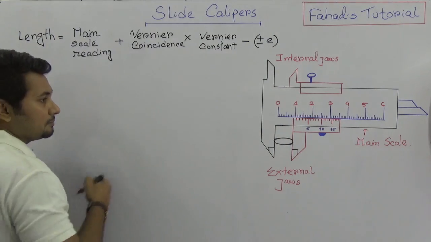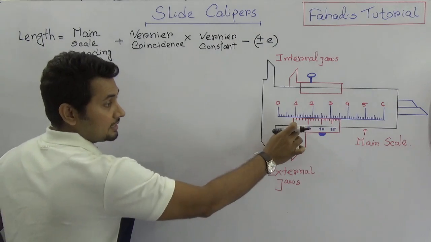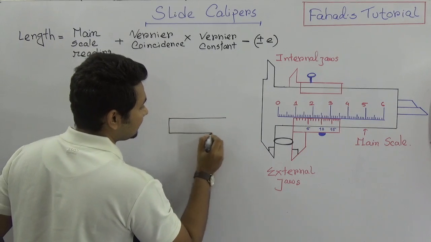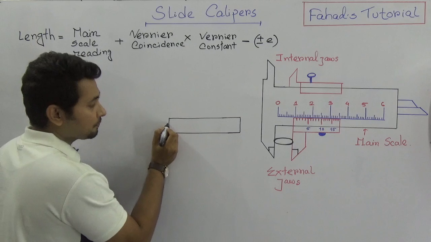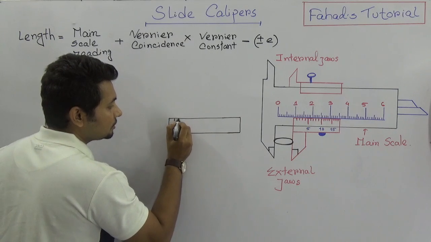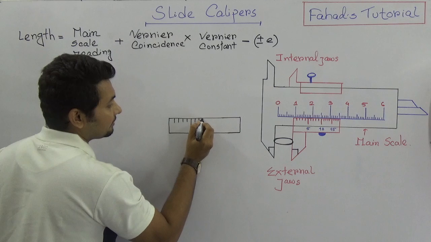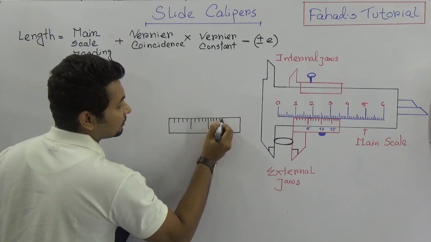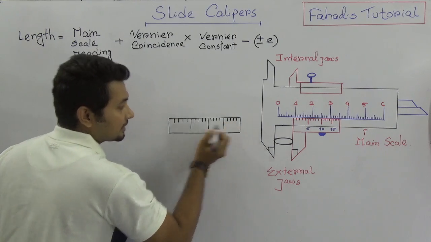What is important is that on this sliding Vernier scale, there are 20 spaces. So it is 0, 1, 2, 3, 4, 5, 6, 7, 8, 9, 10, 11, 12, 13, 14, 15, 16, 17, 18, 19, 20.